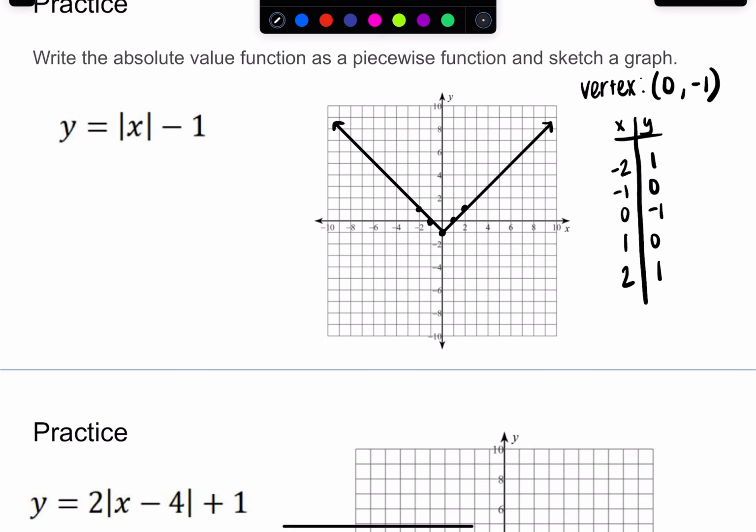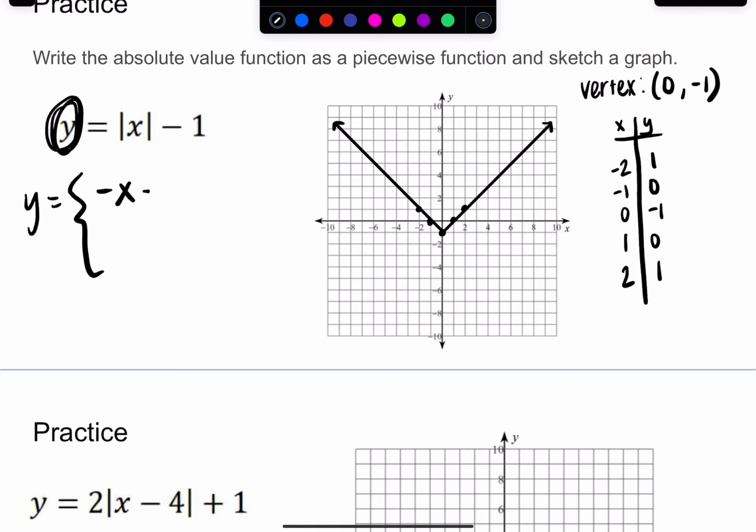Okay, so we've got our graph. We're going to now write our piecewise function. So y equals, and you'll just use the same as whatever's over there. So the last one, it was g of x. This one's just y. My left side, my slope is -1, so negative x.